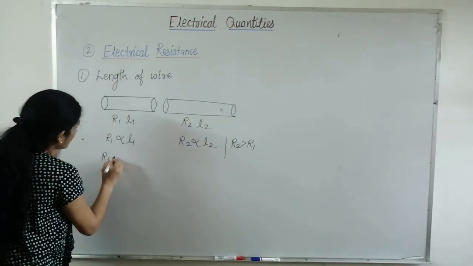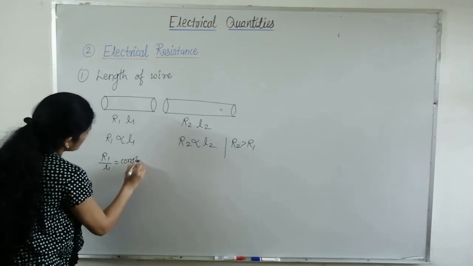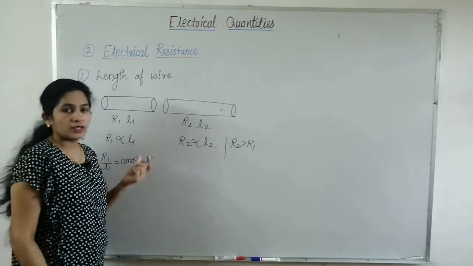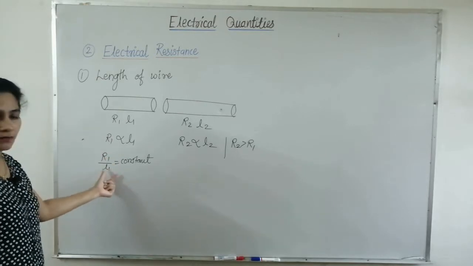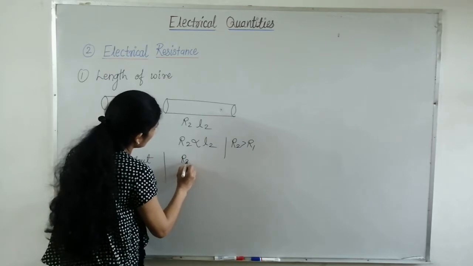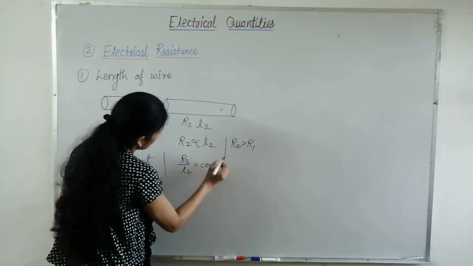Thus you can write R1 by L1 is equal to a constant. Because if you remove the proportionality sign, then you have to add a constant and then you will get R1 divided by L1 is equal to a constant. Similarly, for the second wire, you can write R2 by L2 is equal to a constant.